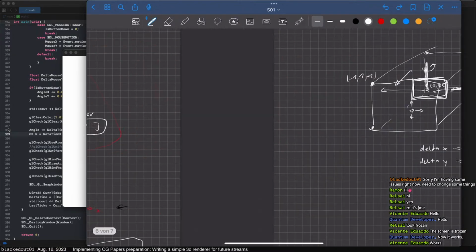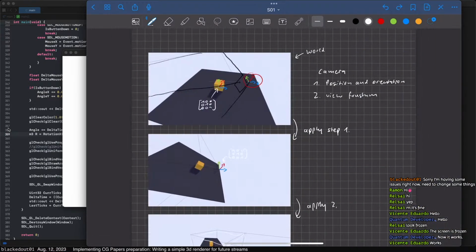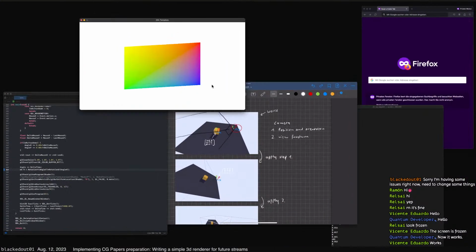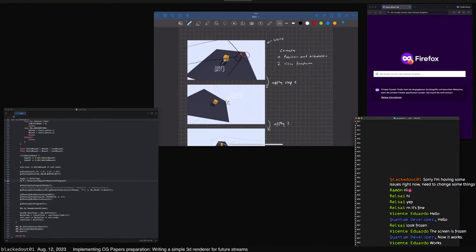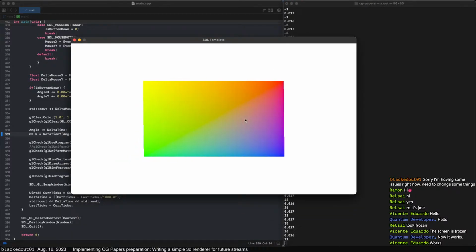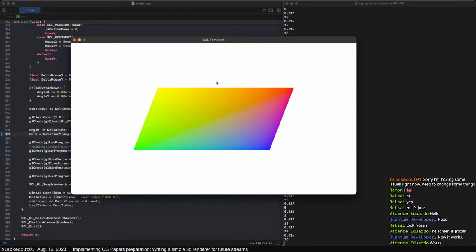Because matrix multiplication is not commutative, if I change the order here, you could ask yourself what this exactly changes.